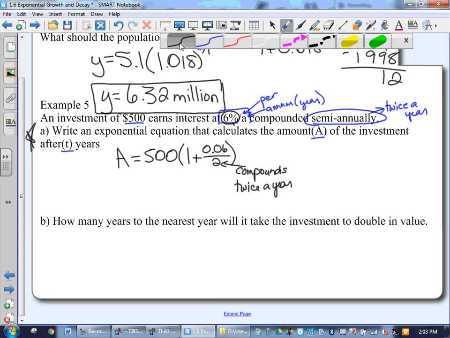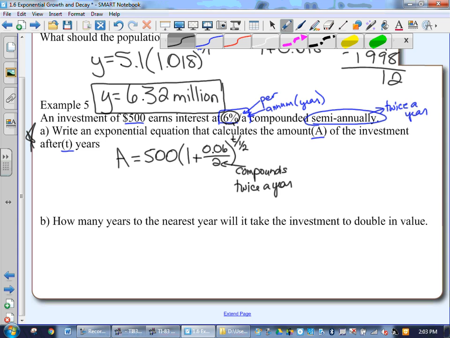Now, how long does it take for it to earn interest? Well, it gets compounded twice a year, so halfway through the year, it'll get compounded. So my period is going to be a half. Lots of people want to put 2 there, but if it was 2, then that would mean it's earning interest every second year.